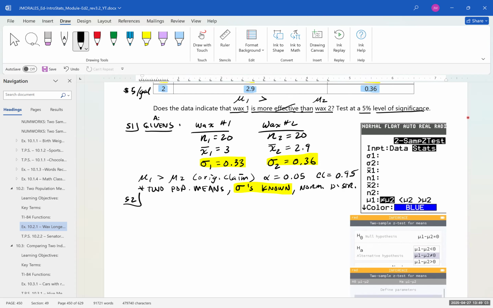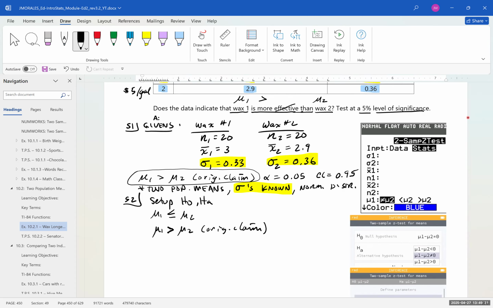So step 2 is to set up our null and alternate hypotheses. So here's our claim. So let's write that down. All right, so if mu1 greater than mu2 is our inequality, what's the complement?